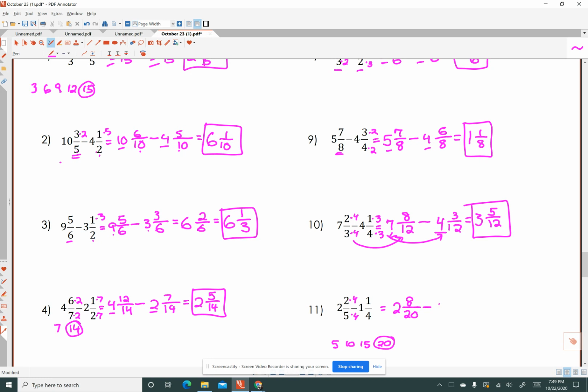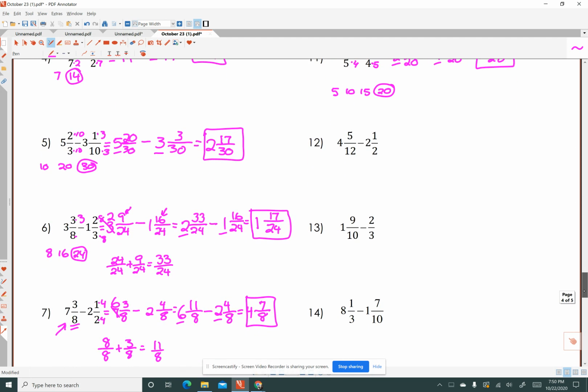Minus 1. Again, working in 20ths. 4 times 5 is 20. 1 times 5 is 5. So we can take 5 away from 8, no problem. So we'll start with the whole number. 2 minus 1 is 1. Working in 20ths, 8 minus 5 is 3.